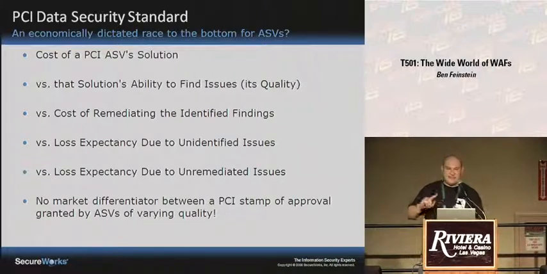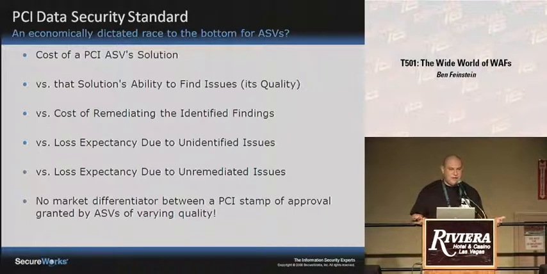They will identify the fewest issues. I will have to mitigate a smaller number of issues, and if I'm hit with a loss due to unidentified issues, I'm going to write that off. But I'm PCI compliant. I spent very little on my solution, and I've identified very few issues because it's a crappy scanner.